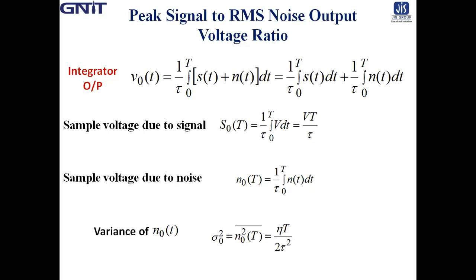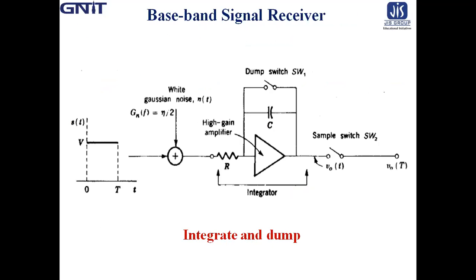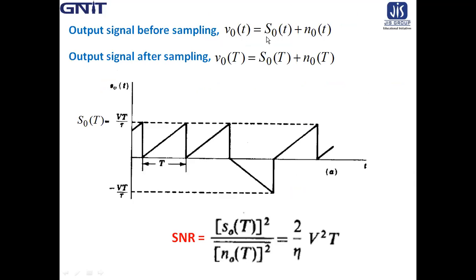Therefore, the output of the integrator before sampling is V0(t), and after sampling is V0(T). So V0(t) is equal to s0(t) plus n0(t) before sampling, and the output signal after sampling, V0(T), is s0(T) plus n0(T).